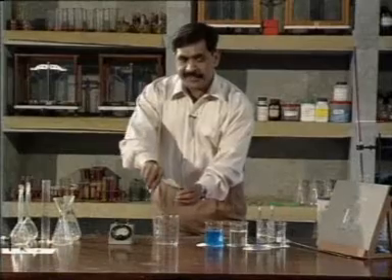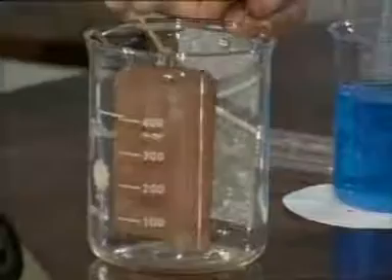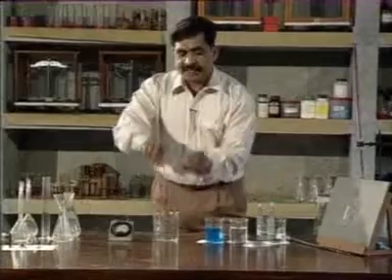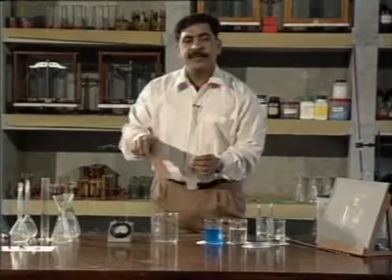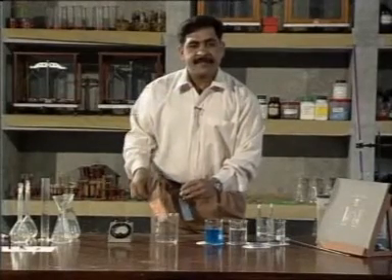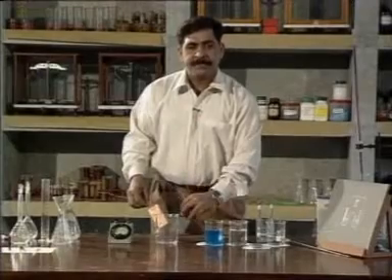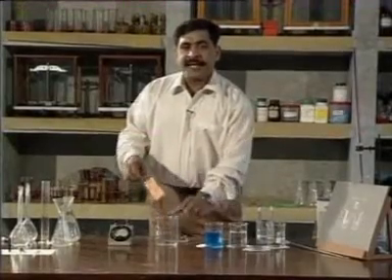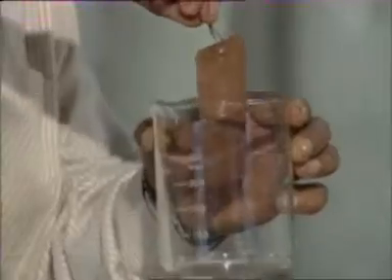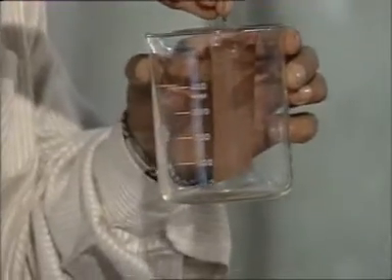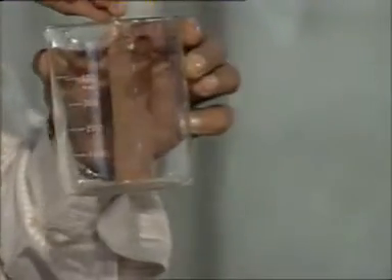Now it becomes a cell. Electrodes are devices through which electric current enters or leaves the solution. But if we place a single electrode in a container of its own solution, it is called a half cell.